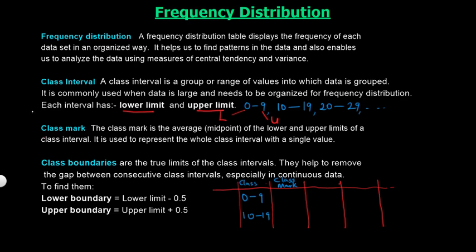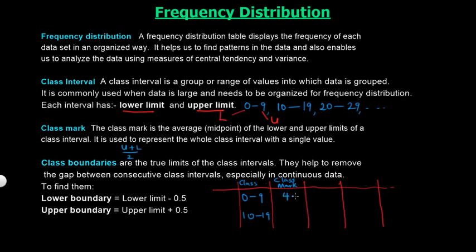So for the one we are dealing with here, to determine the class mark of this is always upper limit plus lower limit divided by 2. So here, the upper limit of this class is 9. The lower limit is 0. 9 plus 0 gives us 9, divided by 2, 4.5.